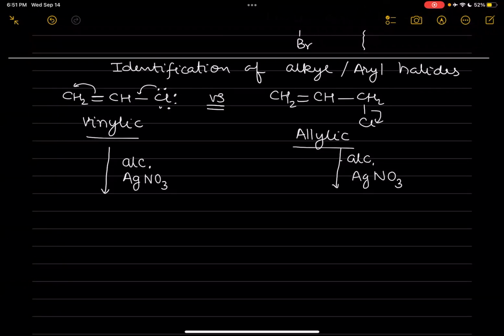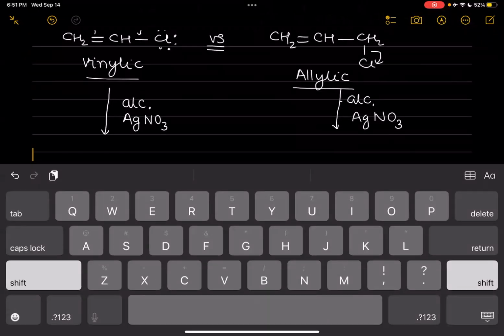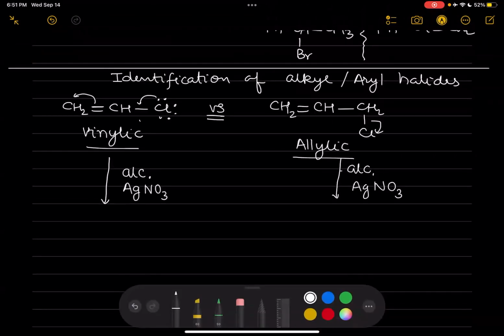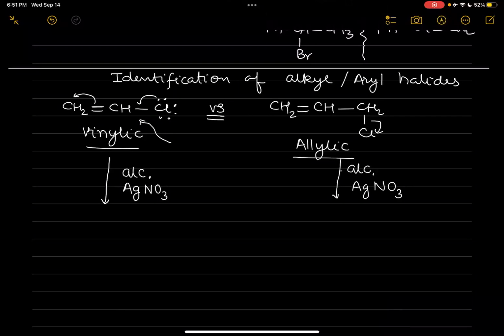You can write partial double bond character in this. Is it clear? Yes, certainly. Okay, just write it. So it will not come out.